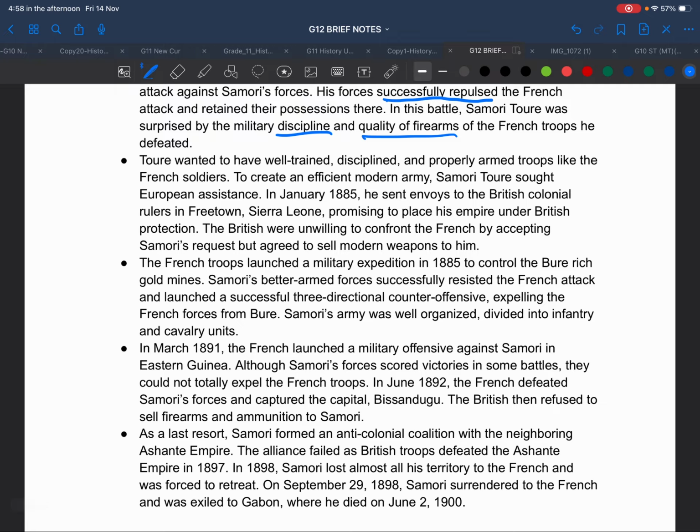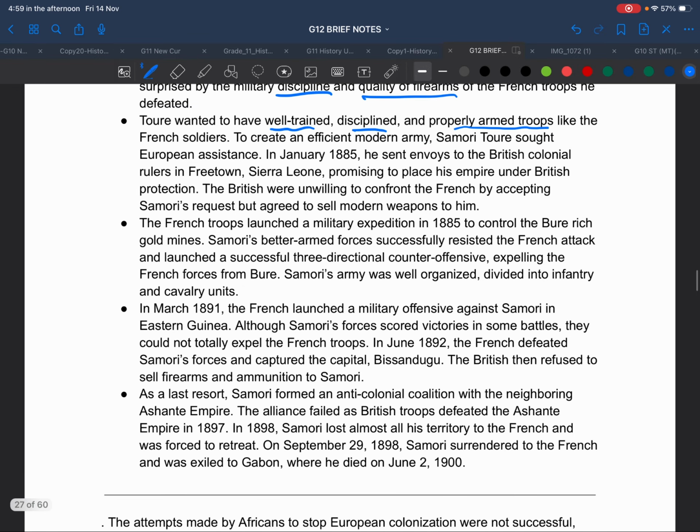His interest was to have well-trained, disciplined, properly armed and equipped troops, like the French soldiers. To create an efficient modern army, Samori Toure sought European assistance. He wanted Europeans to make his army modern.